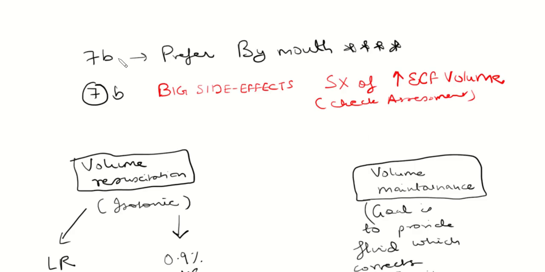Okay, so let's examine those in detail. First principle: how do you give fluids? You give fluids in two ways. Enteral, or by mouth, where it's absorbed through the GI tract. That is the preferred way always.